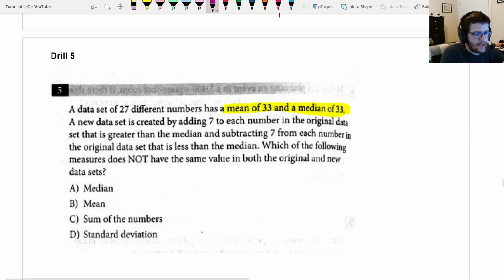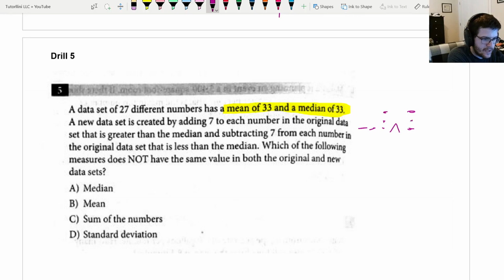So that number in the middle didn't get changed, but everything else did. It just got moved farther away. It's just become more spread out. So instead of looking like this or something, right? It now looks like this. We added 7 to the ones bigger, so they got farther away from each other.